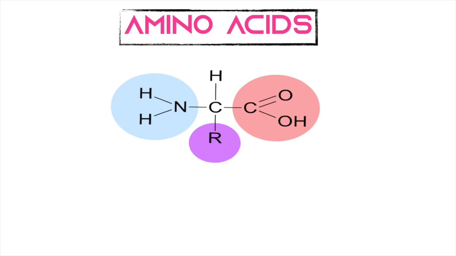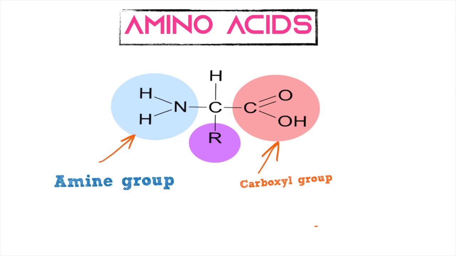Amino acids are the building blocks of proteins. Every amino acid is made up of three major parts. There is the carboxyl group, which is found here, and the amine group, which is found here.